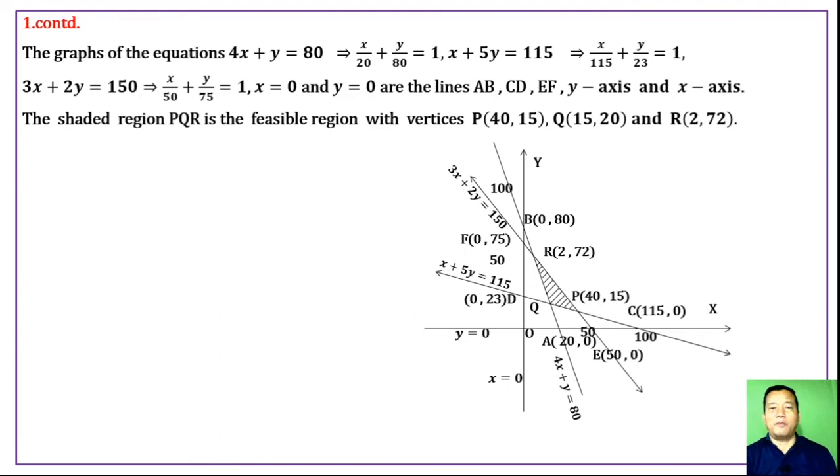Hariba points hariba corner points singa sida Z ki value putoksi. At P (40, 15), Z ki value the 6 into 40 plus 3 into 15, that is 240 plus 45, 285.